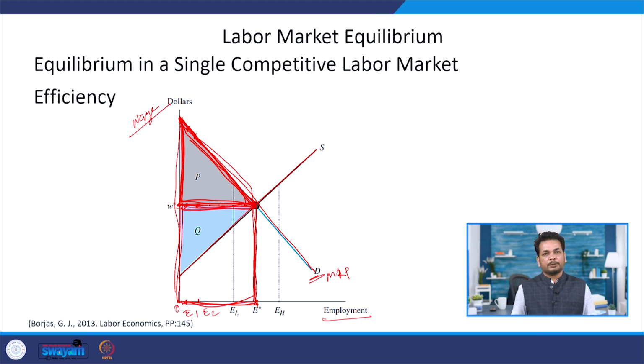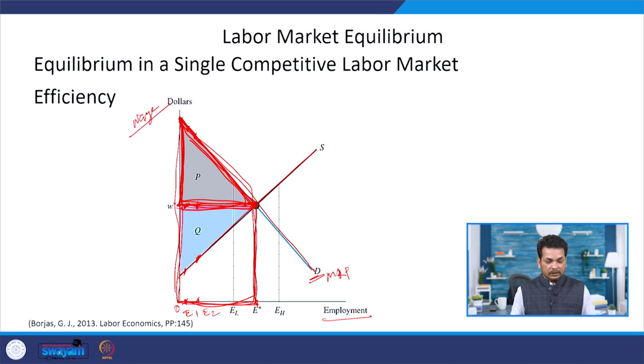Whereas, from the worker's perspective, if you look at it, the E1 worker is ready to work at this wage rate, but he is going to get the wage rate W star. The E2 worker was willing to work at this wage rate, but he is getting the wage rate at this much.